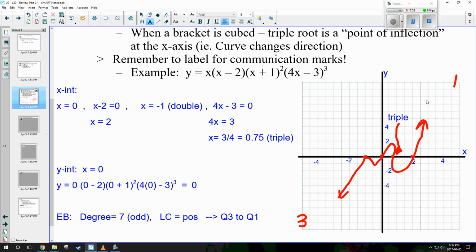Oh, one thing I just realized that we forgot is we forgot our label of our equation.